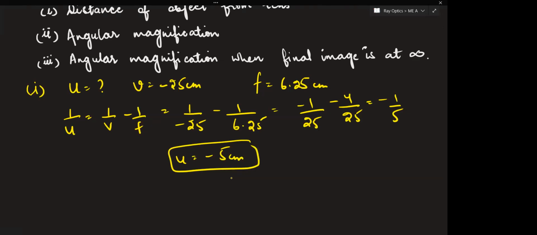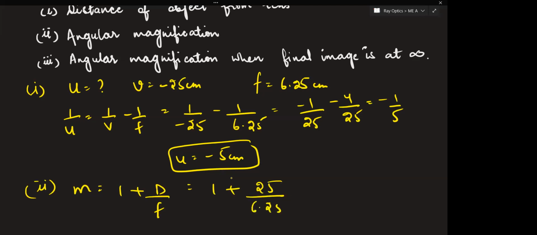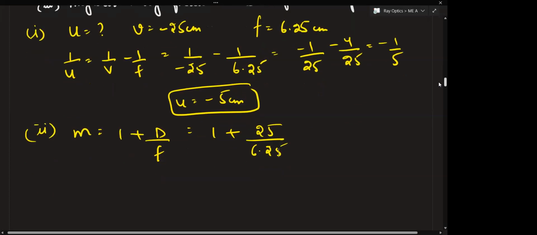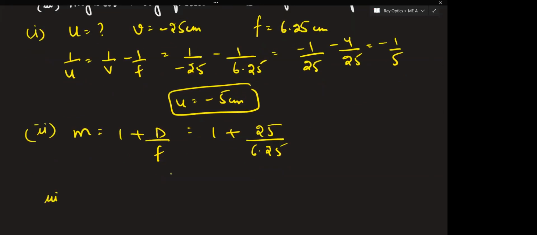Second part is angular magnification. It means the first formula. Magnification is 1 plus capital D by F. No sign convention here. Directly write it. 25 by 6.25. This will be the answer. Third part says magnification when the final image is at infinity. D by F only.